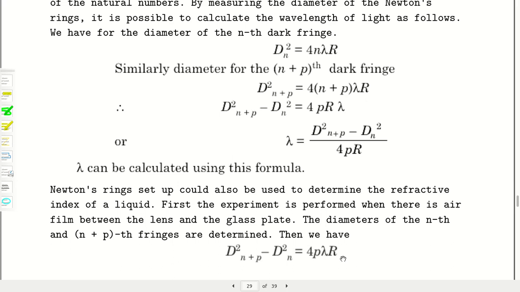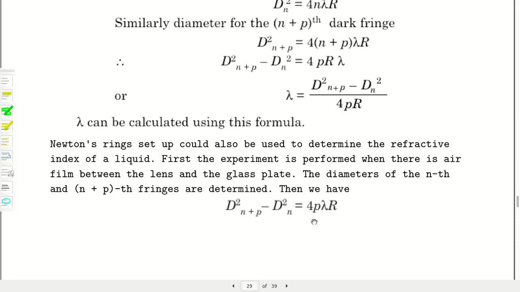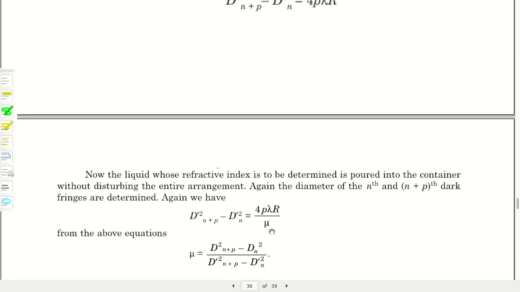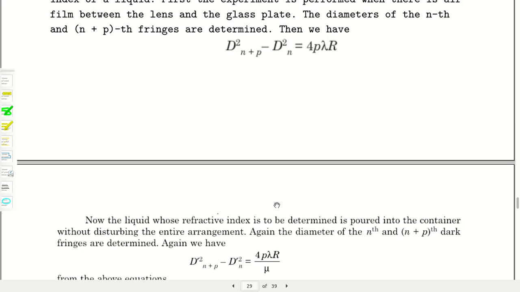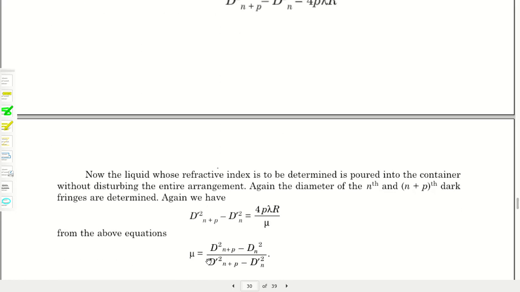Now spread the oil over the surface of the glass plate. Then you get the same result but with mu appearing by division, and also the rings will be different in dimension, so D prime is written over here. Just divide these two equations. Now it will give you mu is equal to this.